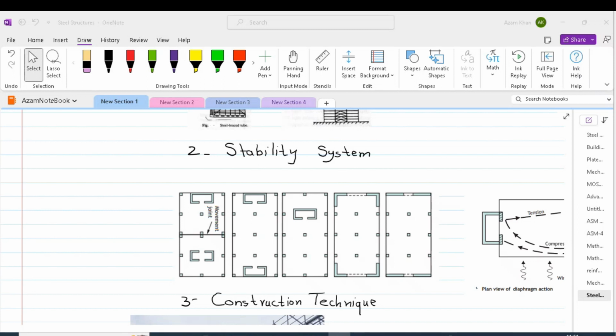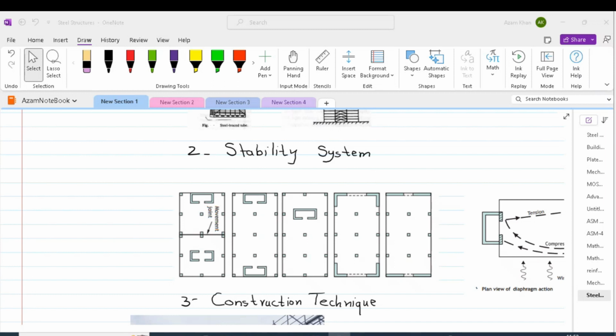Besides this, we should also ensure out of plane stability and buckling considerations. In other words, the design should consider the stability of the entire structure against out of plane movement, especially in regions susceptible to wind or seismic events. Buckling consideration is also important to ensure structural stability.